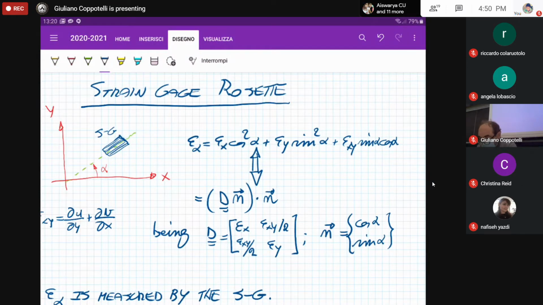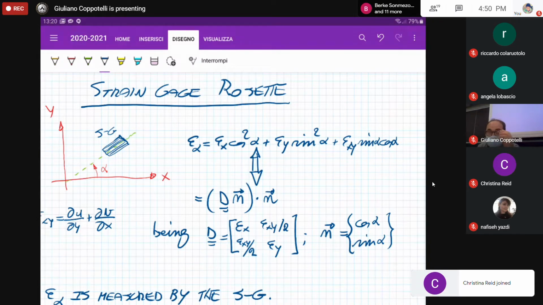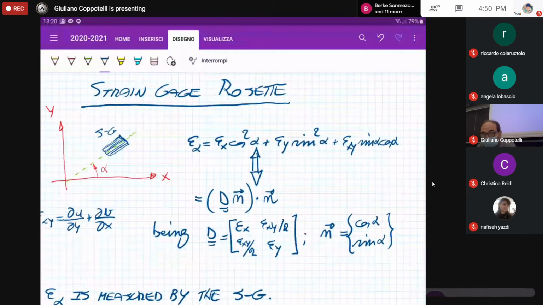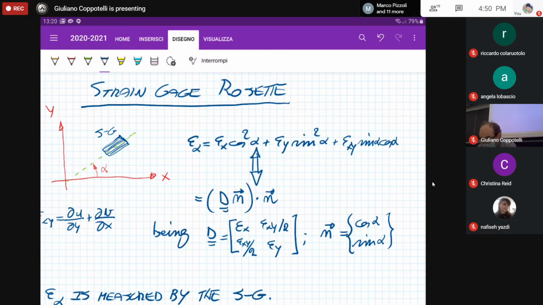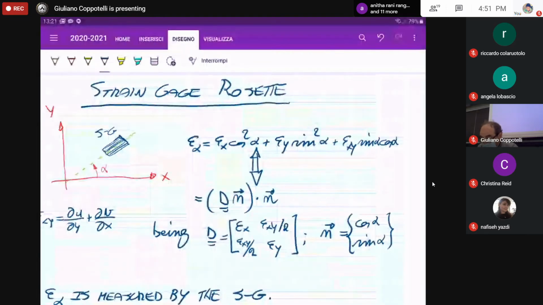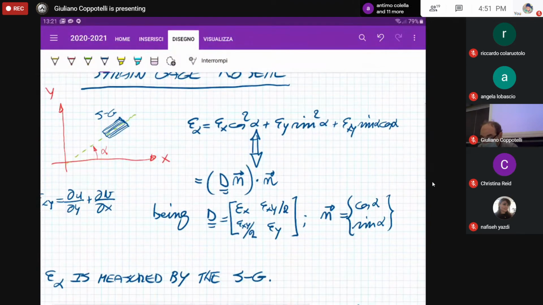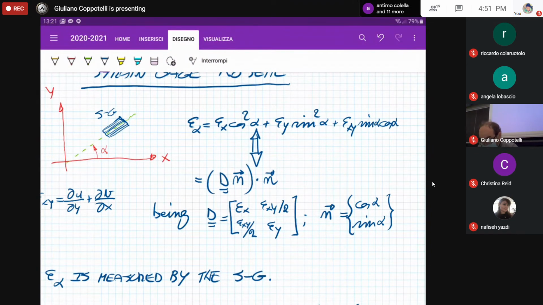That is perfectly equivalent to the same equation in which I use the tensorial notation of the strain as well. Okay, so if I introduce d and n, being d the strain tensor, and n the unit vector, the cosine vector, then we can have the same information, that is the relation between the strain in the xy direction and the strain in the natural strain gauge direction, epsilon alpha.